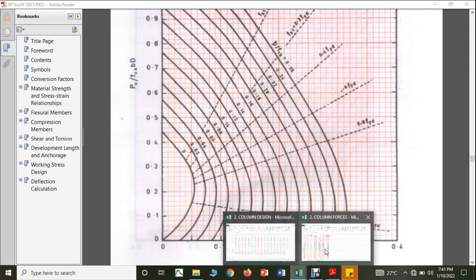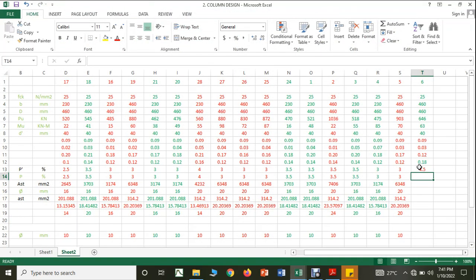Which comes out to be 0.08%. So therefore it comes out to be 2%. I can have the total area as this much.